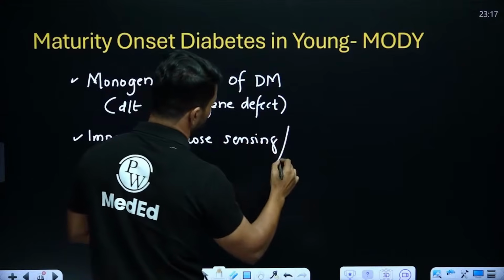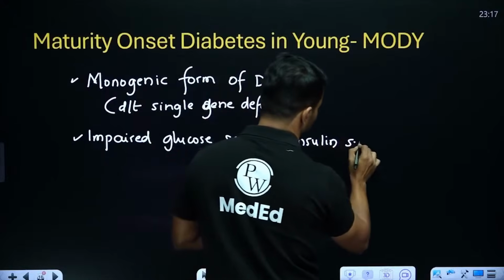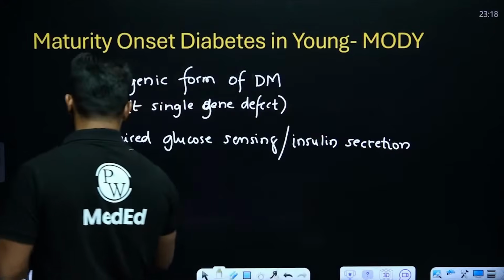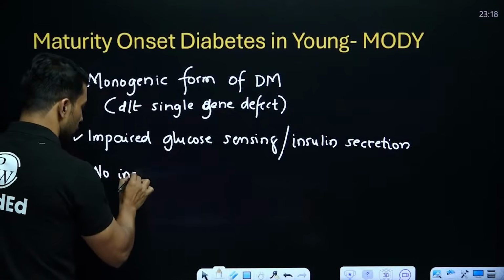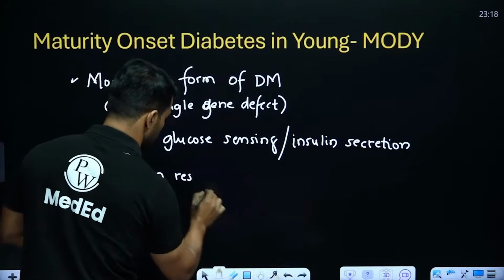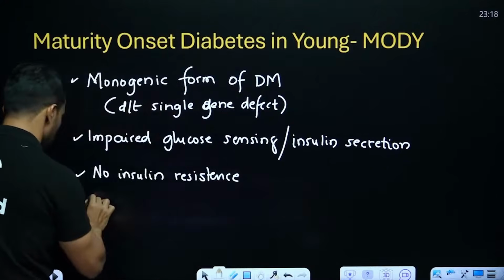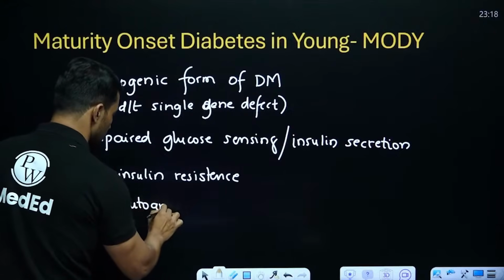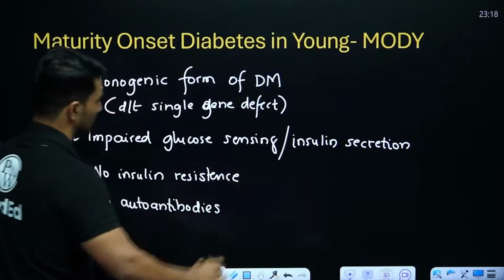There is no insulin resistance. There are no autoantibodies. There is no antibody mediated destruction of the pancreatic beta cell.